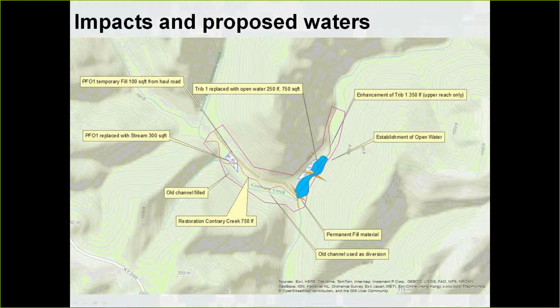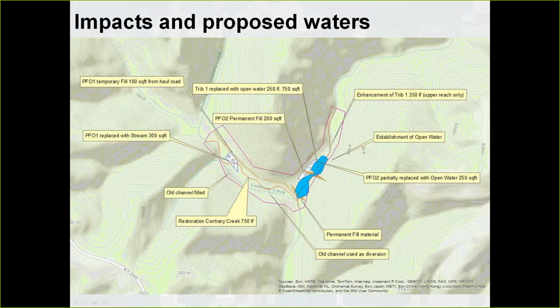Next, we propose to do a design for most of Trib 1, which involves building riffle weirs in the stream channel and berms in the floodplain, and ponding short reaches of stream channel and the floodplain. We are establishing open water, shown in blue, and enhancing the upper reach of Tributary 1, 350 linear feet of it, by natural channel design.